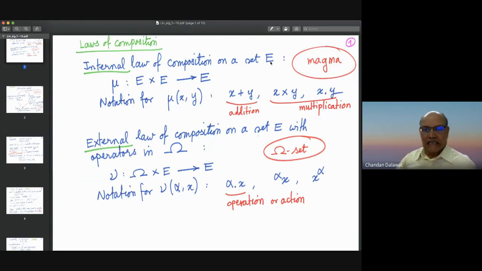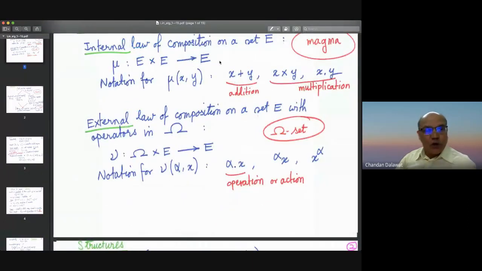You have some set E, and a mapping from E cross E to E is called a law of composition. More precisely, it's an internal law of composition. Internal means that it's taking two elements of E itself, combining them to form a third element.